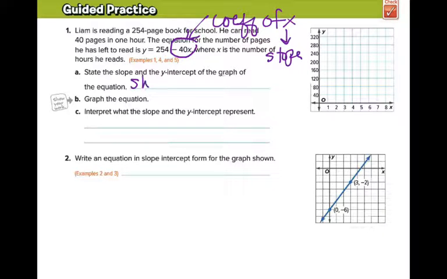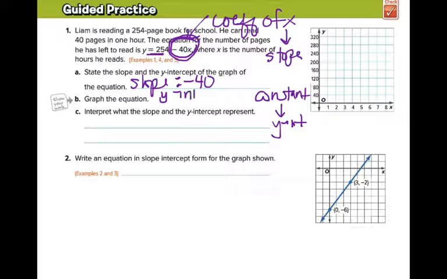So my slope is going to be negative 40. The reason it's negative is because I have a minus 40. Okay, the y-intercept is the number that's the constant. Constant is something that doesn't change. This number is going to change because I'm multiplying by x. 254 is always going to stay 254. So my y-intercept is 254.